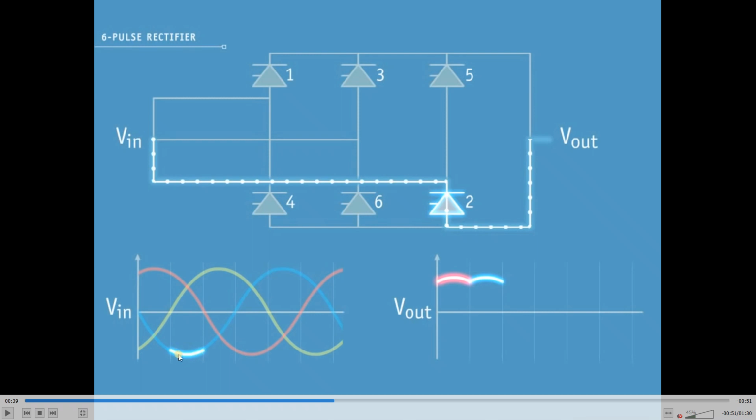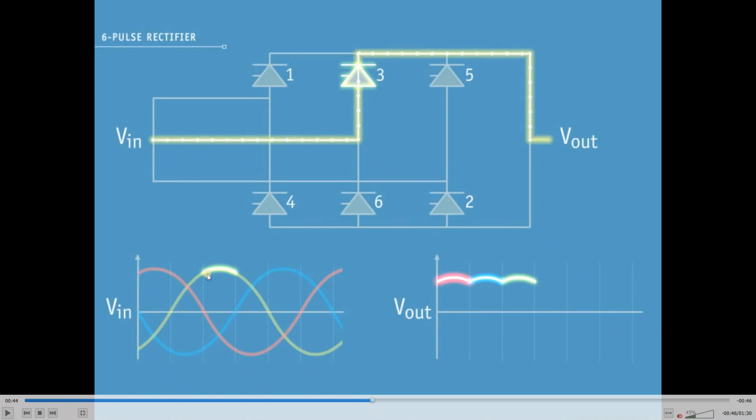In the second segment, blue is having the peak value, so that is why this is being rectified. In the third segment, the yellow is having the peak value, so the yellow phase is rectified. It is positive, forward biased, with positive magnitude.